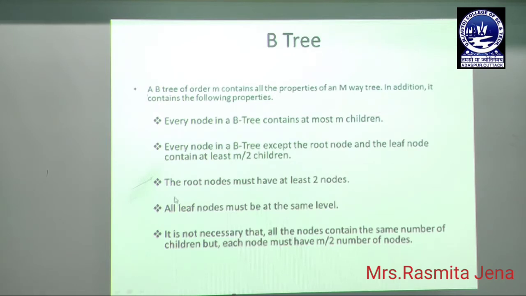Okay, then third point: a root node must have at least 2 children. The root node must have a left and a right node.